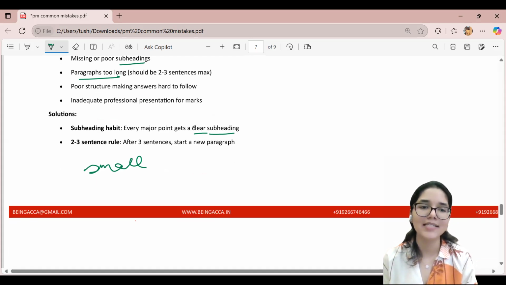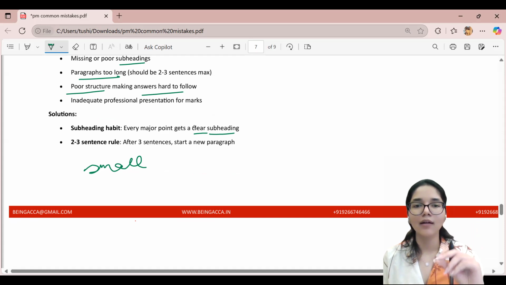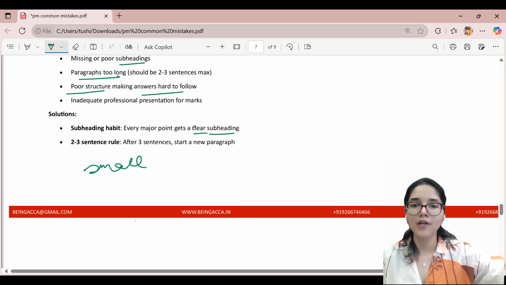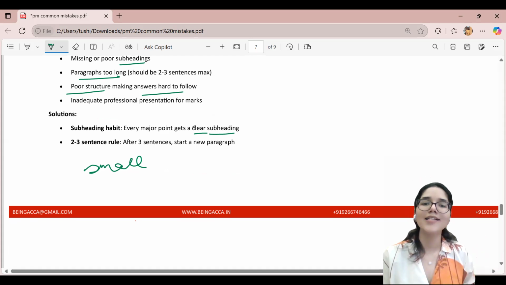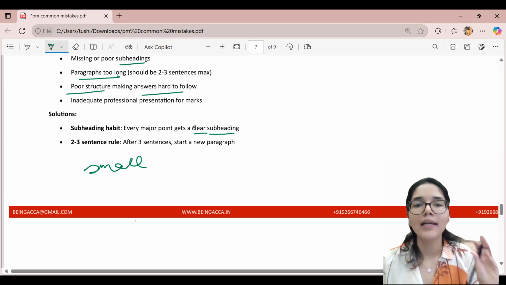Another problem I see is that you have a poor structure which makes your answers hard to follow. It goes haywire. In the same paragraph, you're talking about multiple points. Next paragraph, you come back to the first point. Next paragraph, you speak about the third point in detail. And then in the last paragraph, you talk about the second point. Your answer should be properly structured.